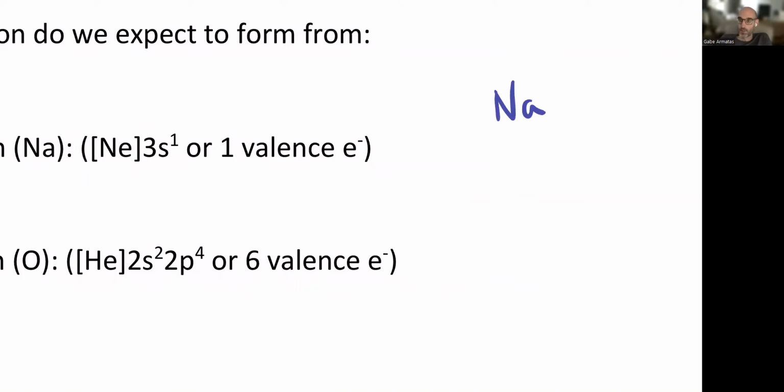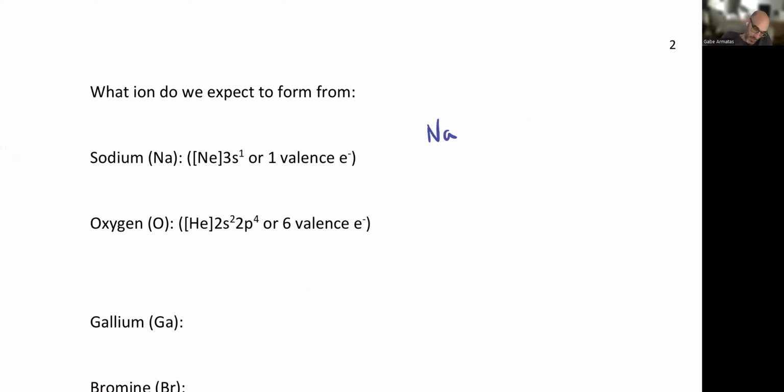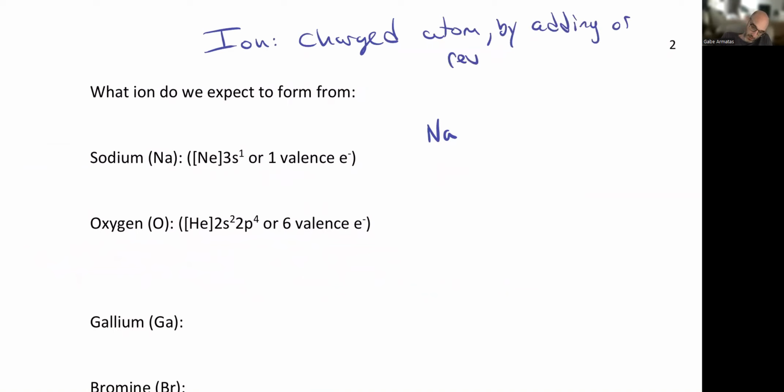So when sodium becomes an ion, and an ion is a charged atom, it becomes charged by adding or removing electrons.